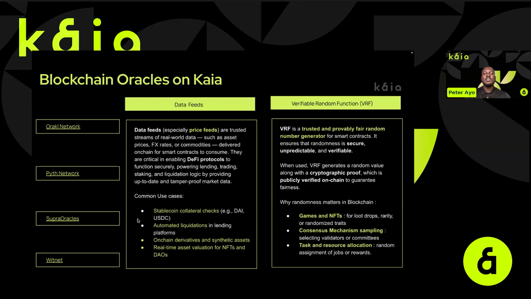We don't want to tempt our validators to do what they're not supposed to do, so it's always advisable to use VRFs, which are provided by oracle providers such as Oracle Network, Pyth Network, Super Oracles, and Witnet. So if you're looking to enable randomization in your smart contracts, VRF is the go-to service to use on these oracle providers. I hope that makes sense.